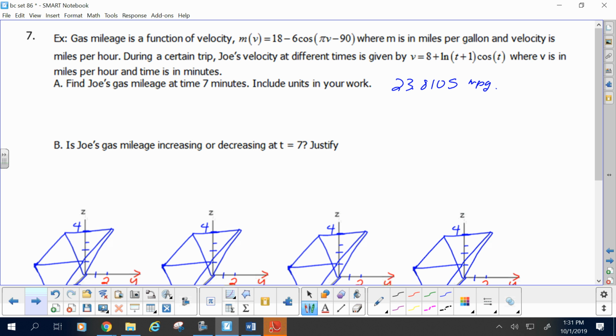For B, I have negative 5 point, sorry, I said dM/dt, that is negative 5.9765, which is less than 0, so the gas mileage is decreasing.